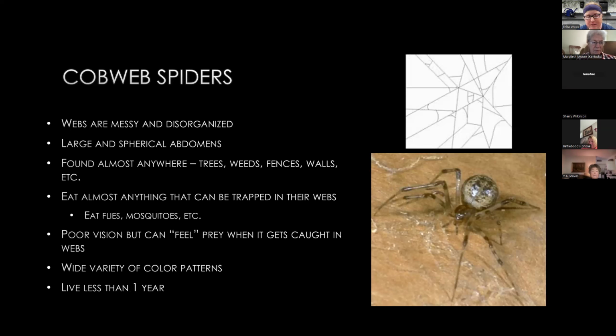Sometimes it may only be a few months. With cobwebs, that's kind of what we're looking at. But there are spider species that will live up to 2 to 4 years. So it depends on the type of spider.